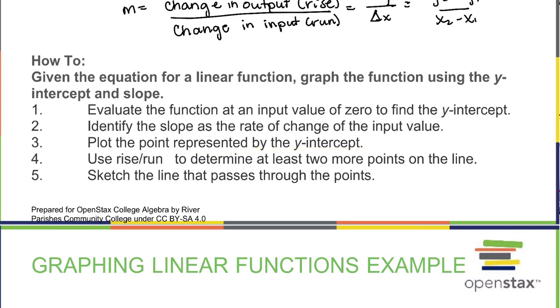So I always say begin with b. That's always my first point, and then I use that to do a rise over run to determine at least 2 more points on the line, and then I sketch the line.